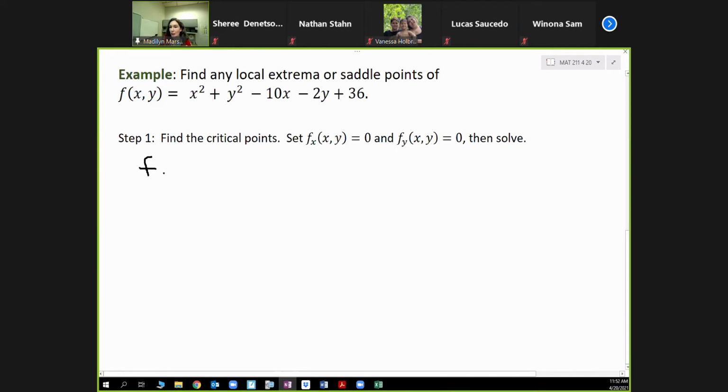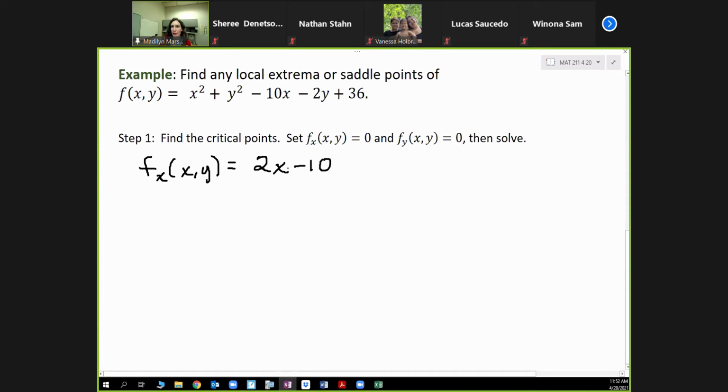So we would first need to find the partial derivative with respect to x. What is our partial derivative with respect to x here? 2x minus 10. Yes, exactly.